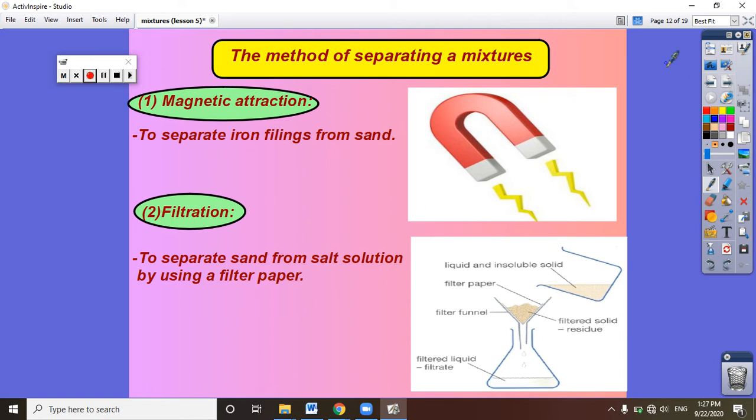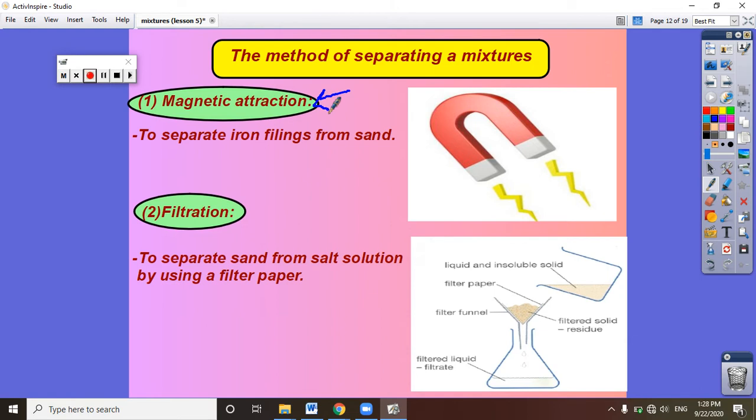Now the methods for separating mixtures. If I make a mixture and I want to separate its components again, we take into account the properties of the mixture, that the components don't join together, so we can separate them easily. How can we separate the types of mixture? Let's start with method number one, magnetic attraction.